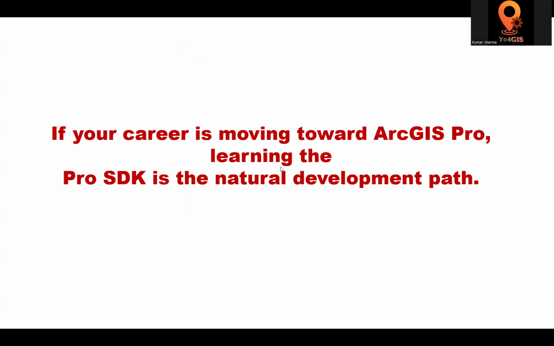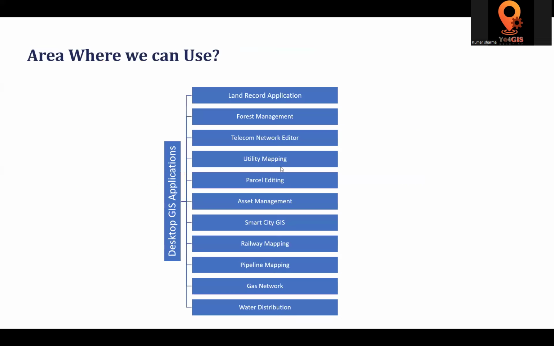If you are using ArcGIS Pro, or going to use ArcGIS Pro, and you learn the ArcGIS Pro .NET SDK, then definitely it will be very useful for you. As for areas where we can use it, there are n number of departments and n number of workflows.